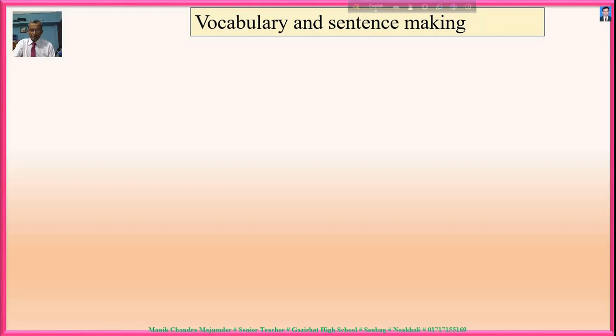Learners, at first I will show you a word, then a picture. Later I will show you a sentence. I think the picture and the sentence will help you to guess its meaning. So get started.